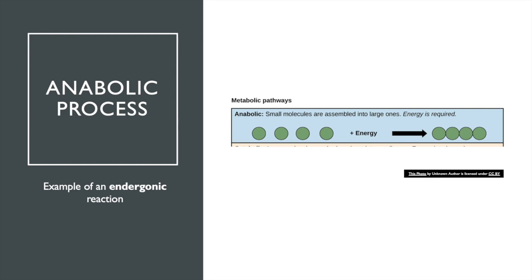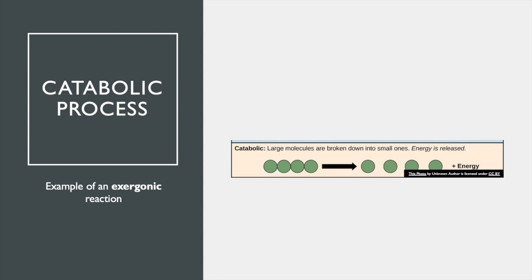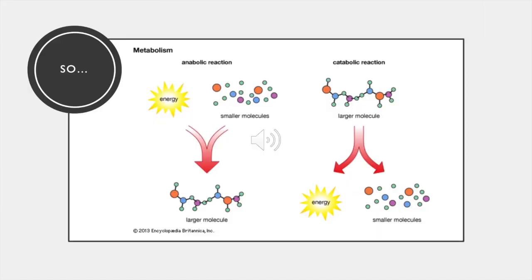The anabolic process is an example of an endergonic reaction because small molecules are assembled into larger molecules, and as you can see, energy is required to do so. The catabolic process is an example of an exergonic reaction because larger molecules are broken down into smaller ones. As you can see, energy is released after this process takes place.